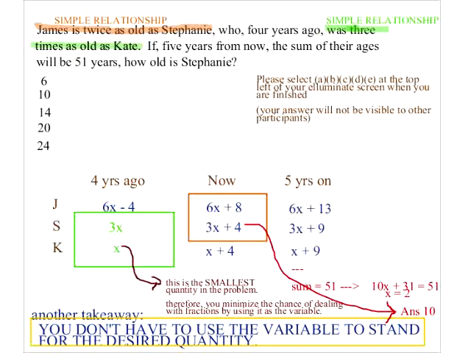The question in the text box is, okay, the short answer to that is no, you can't. I'll get back to you afterwards. But again, let me point out you cannot just make these 6x, 3x, and x because that's incorrect.